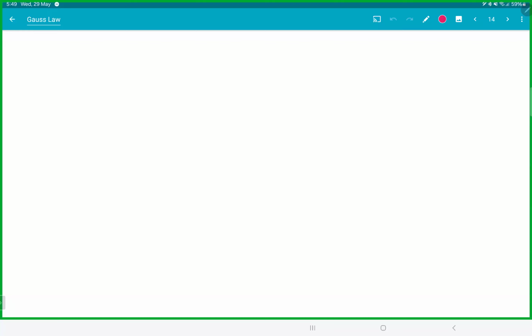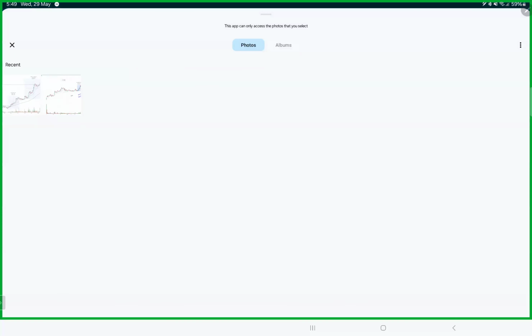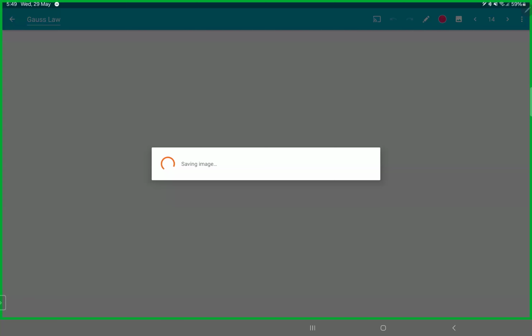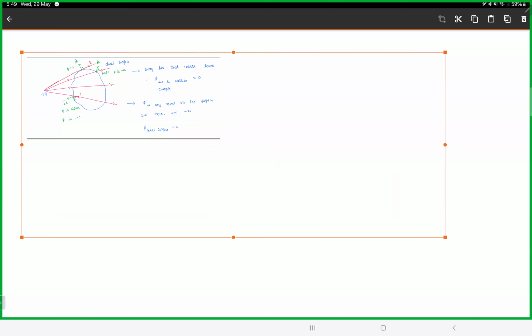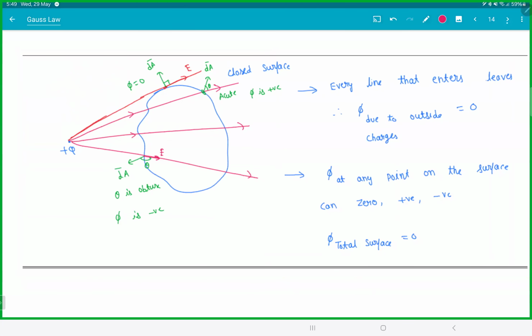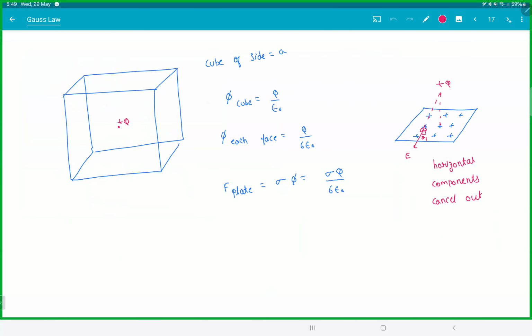These pages now I accidentally deleted. Hmm. Clear? Next one.